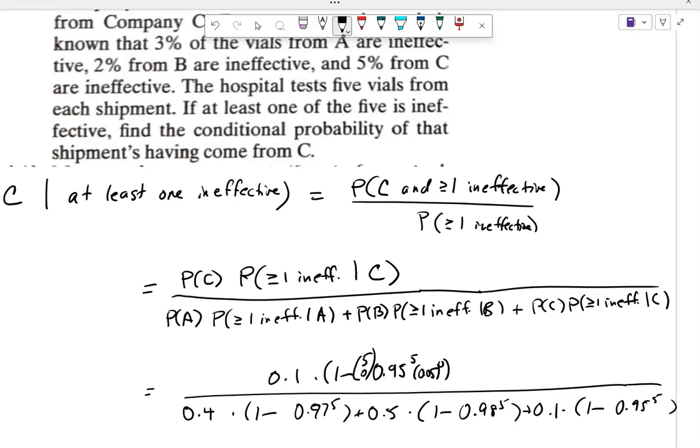All right. We've already talked about the hypergeometric. We'll just write it out a little bit more formally here in a second.